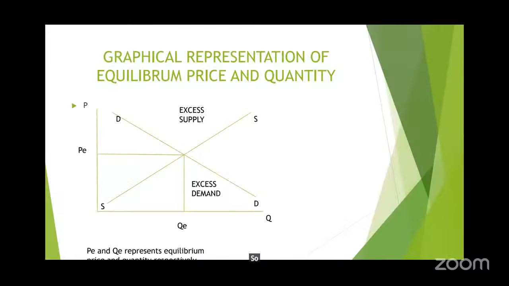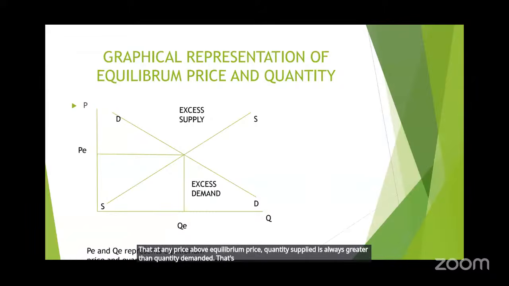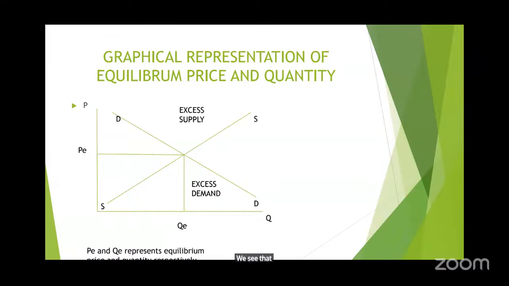So we now go back to our graph. We know from what we have just done that at any price above equilibrium price, quantity supplied is always greater than quantity demanded. That's why we say that there is excess supply. You can see that from the graph.